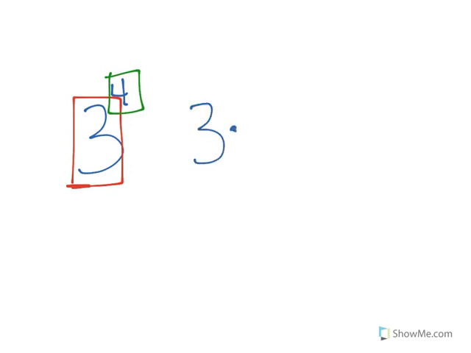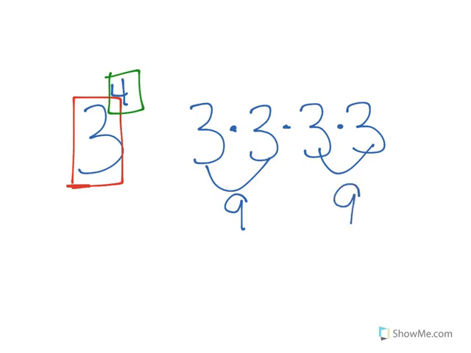So this one, I'm going to have it multiplied 4 times. The commutative property of multiplication says it doesn't matter which order you multiply, so I'm going to group them. 9, 9, multiply those together, I get 81. So 3 to the 4th power equals 81.